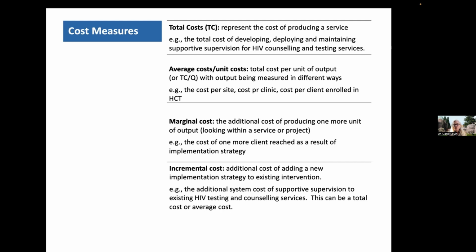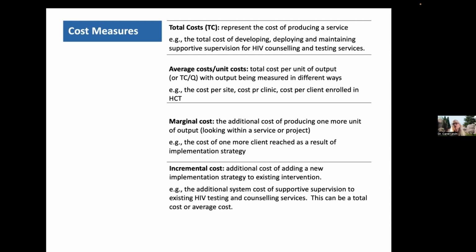The marginal cost and the incremental cost, these are two terms that typically get confused, not just by non-economists, but by economists as well, who start to move into this world of costing and economic evaluation. Marginal cost is a concept that we use in economics to look at what is the cost of producing one more unit.